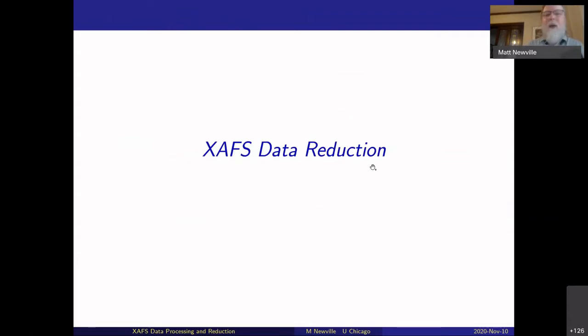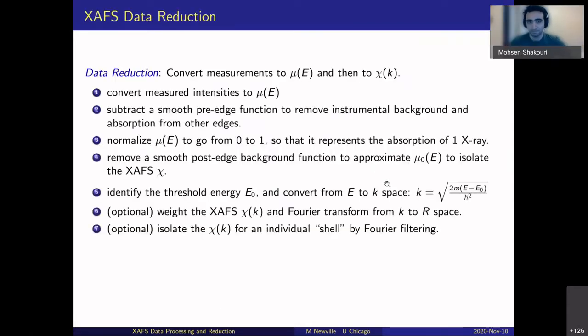Okay, so I'll go through the data reduction, and then we start on the demo of data reduction and work on doing some looking at real data. So data reduction, we need to convert the measurements we have from the beamline or from the source that we're using to a value of mu, and then we want to do the extraction to chi of k.